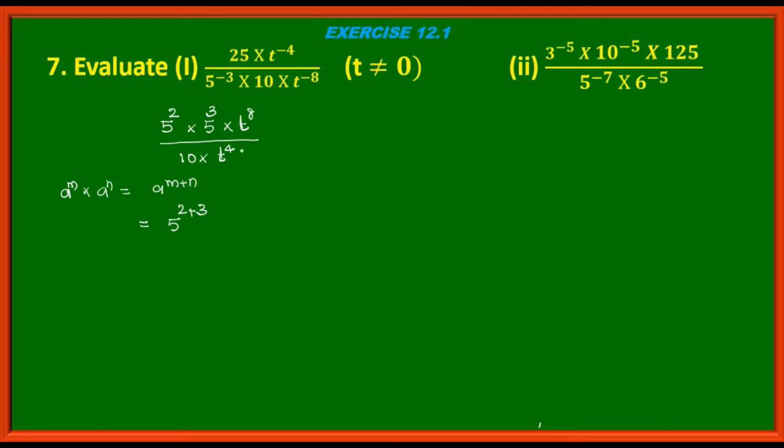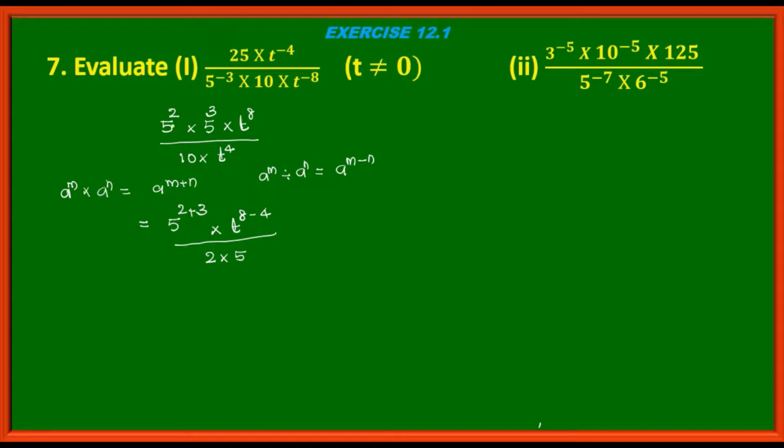Here t raised to 8 divided by t raised to 4. So we have one more exponential law. a raised to m divided by a raised to n is equal to a raised to m minus n. So here t raised to 8 divided by t raised to 4, it becomes t raised to 8 minus 4, whole divided by this 10 we can write as 2 into 5.